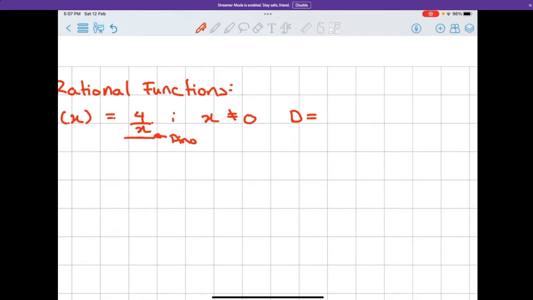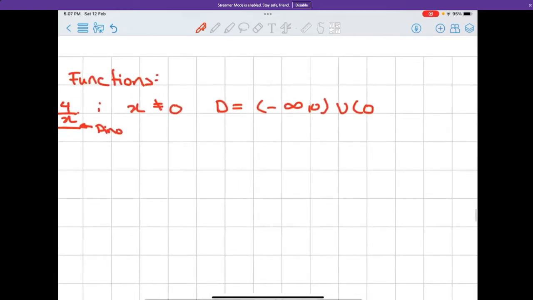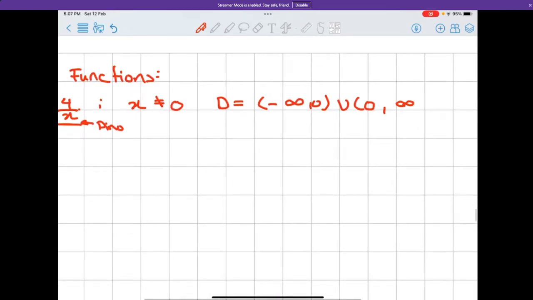So this is how we write it. We write it as negative infinity, 0, union, 0, positive infinity. Okay?